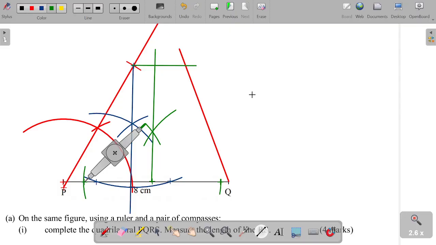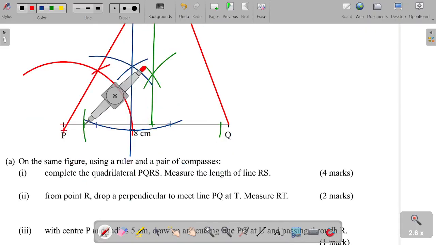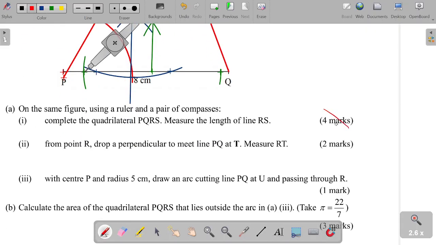Then I can now label this point. This is S, and this is R. I'm done with the 4 marks.